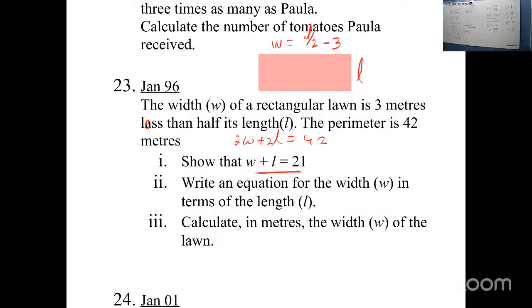How do we go from 2W plus 2L is 42 to W plus L is 21? Divide by what? 2. So divide everything by 2 and you will get W plus L is 21. That's okay?